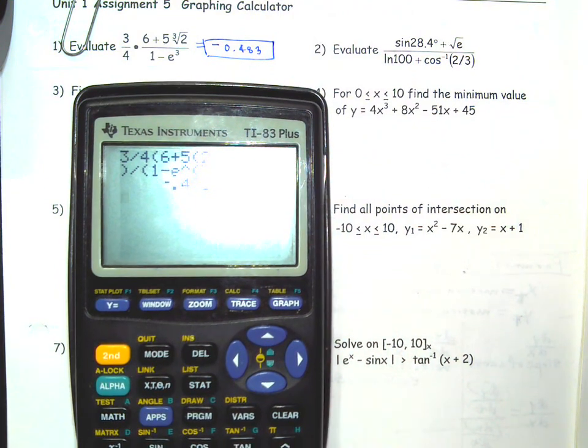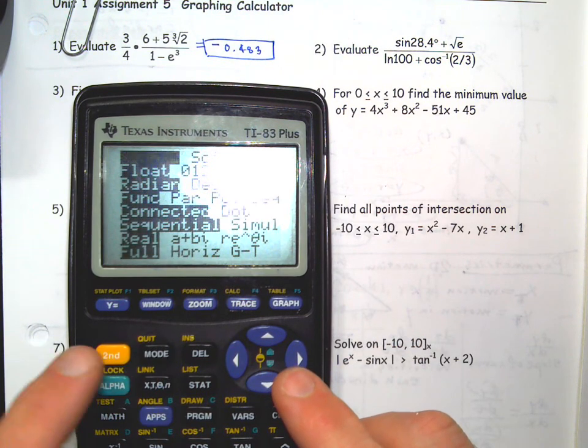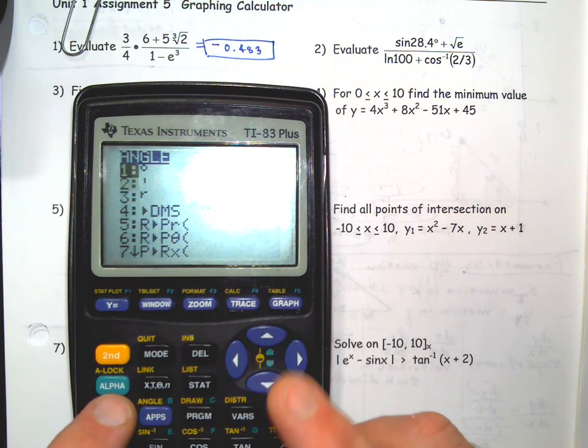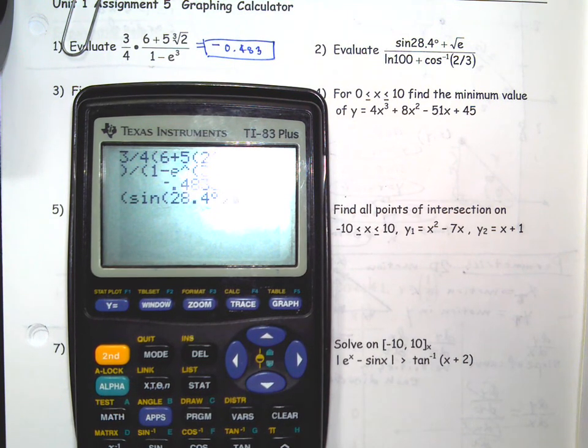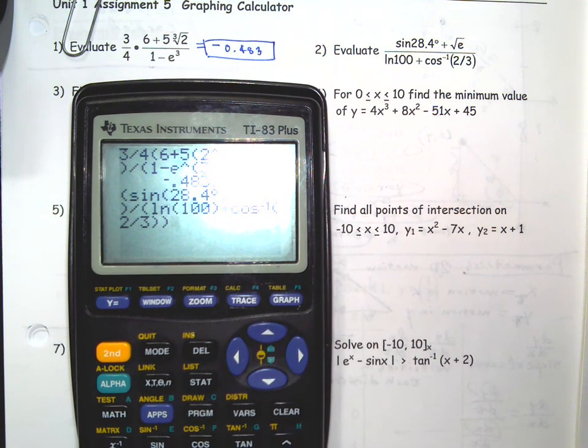Okay, next one, parentheses, sine of 28.4. Now we could be in radian mode and still do this one right by going to second angle, degree, close, plus the square root of e, close, divided by natural log of 100, close, plus inverse cosine of 2/3. Now, I don't know if we should assume that's degrees or radians because that does make a difference.